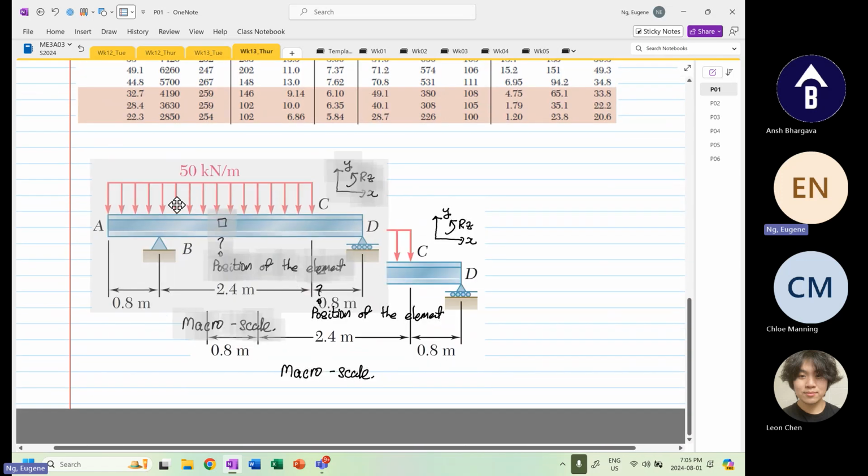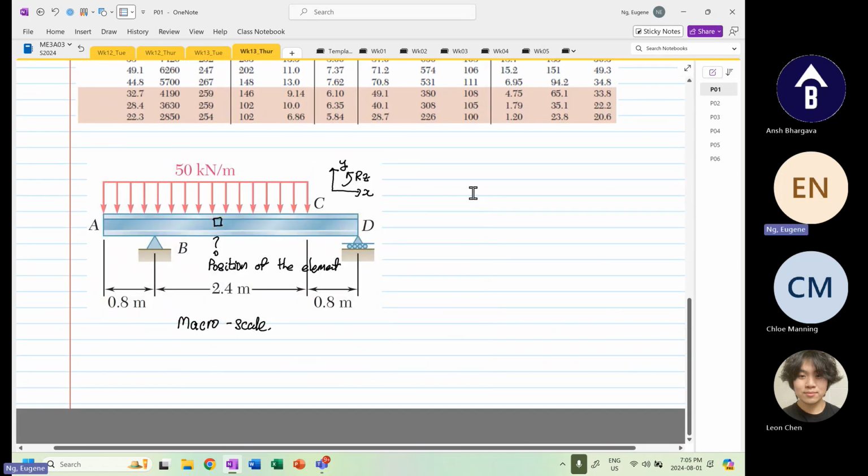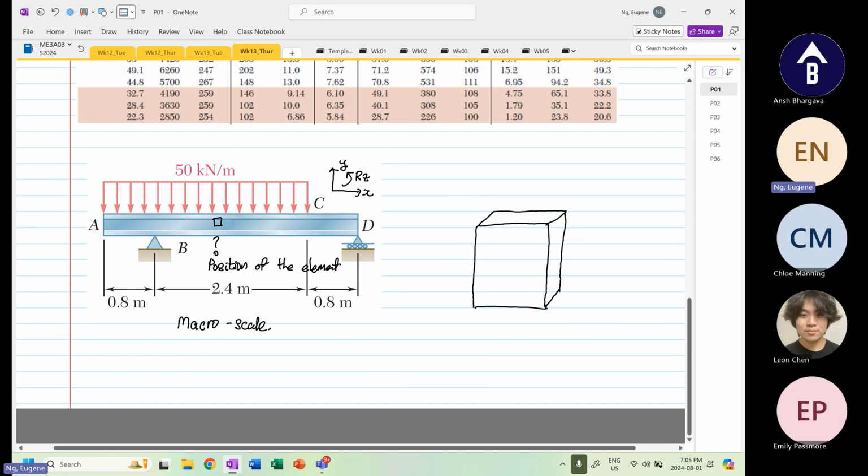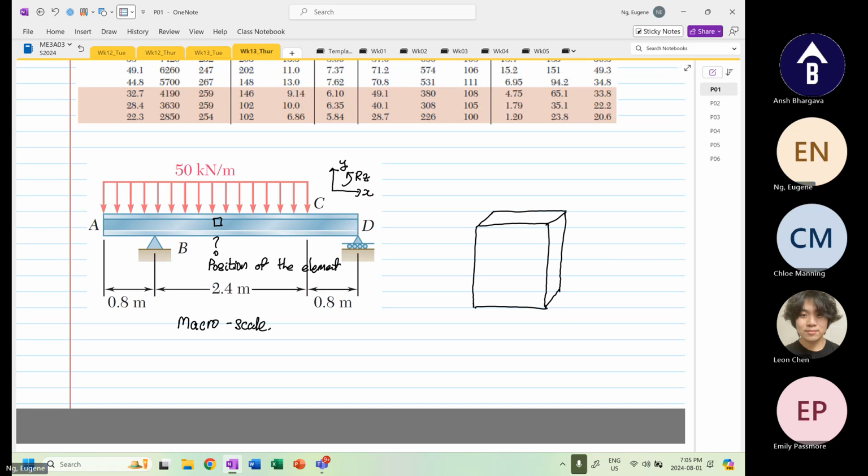At the end of the day, what we are trying to do is we need a 3D element. We need to construct a 3D element first. So we have to formulate, we need to find out, based on the transformation.